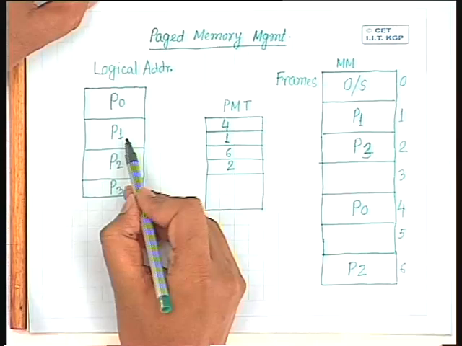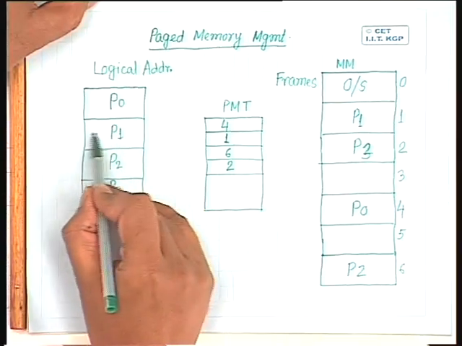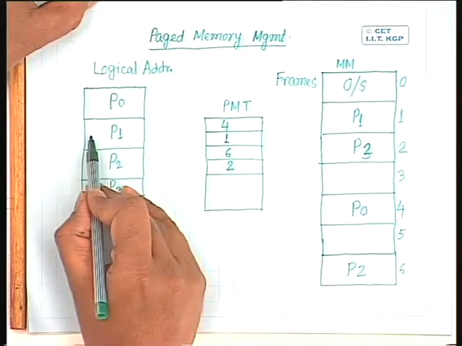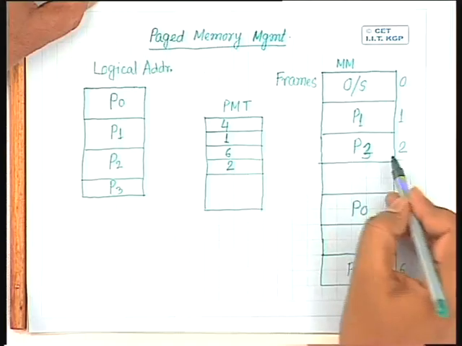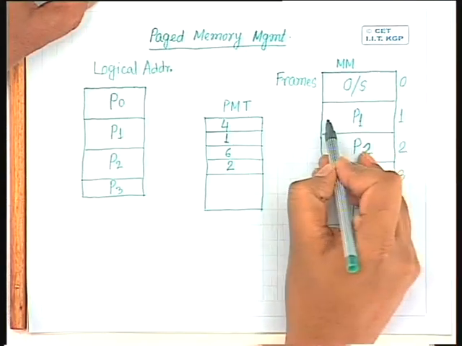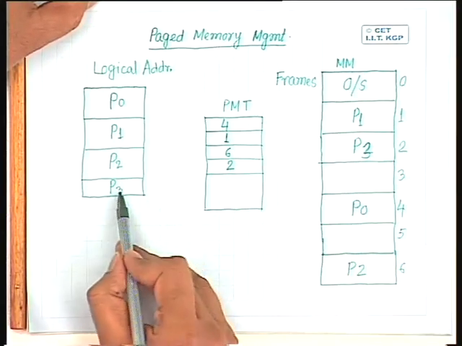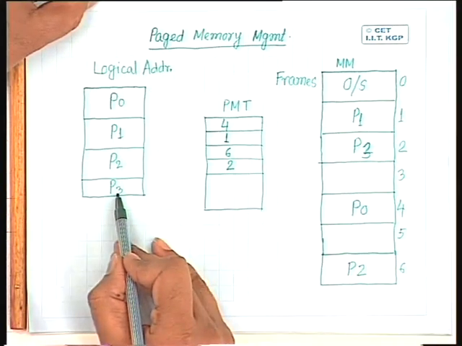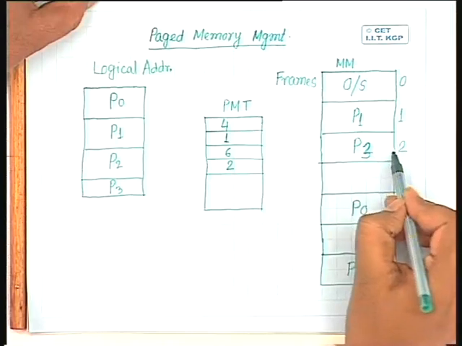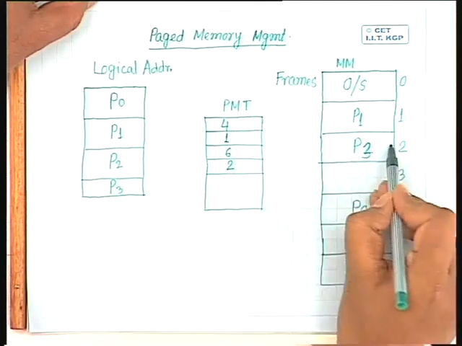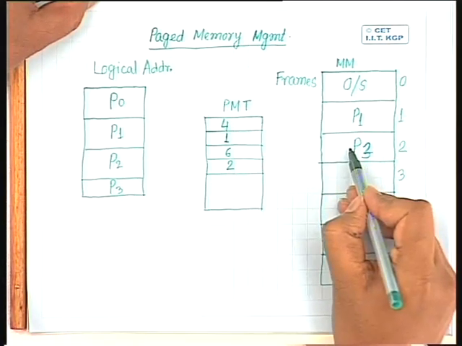So if I am looking for the 5th entry in page number 1, that will be the 5th entry in frame number 1, because page number 1 is loaded into frame number 1. Or if I am looking for the 10th entry in page number 3, that will be the same as the 10th location in frame number 2 of the main memory.